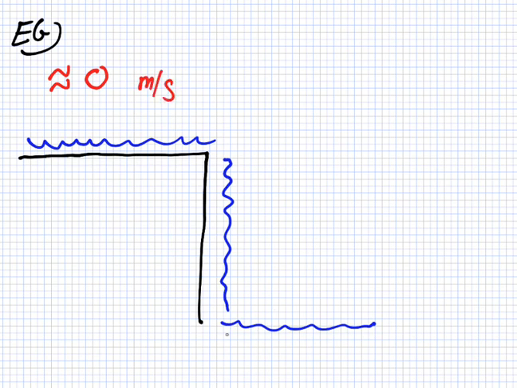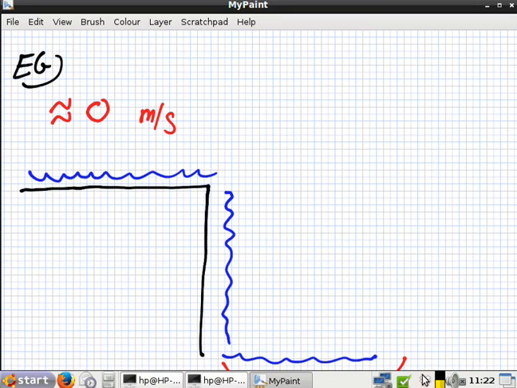And down here maybe some kind of pond, the water collects, and we'll say here it's about 0 as well. Now we know it's not 0, but just for my example we'll say it's about 0. Of course it can't be because it's falling and moving, but to make it simple, it's 0.